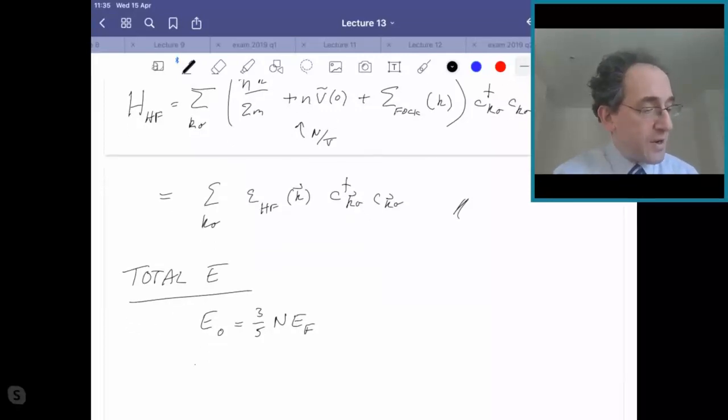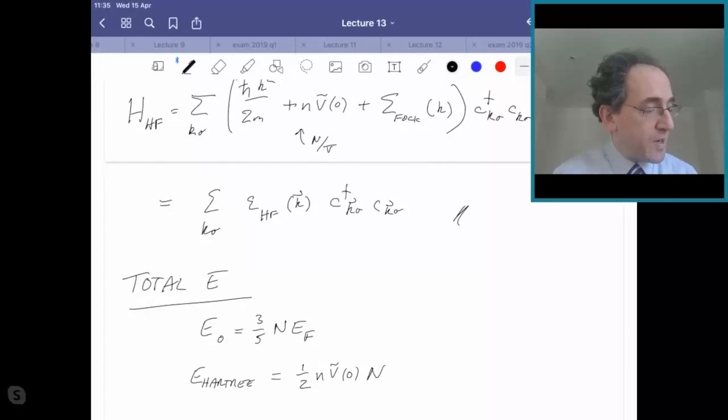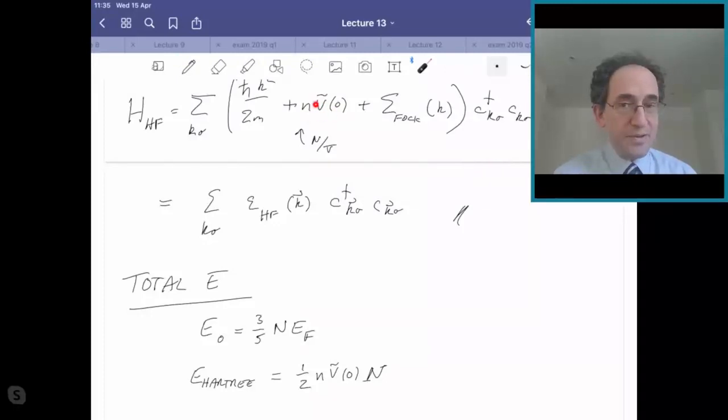The Hartree energy is just 1/2 n v twiddle 0 times the number of particles in the whole system. So it's just this term times 1/2 the number of particles in the whole system.